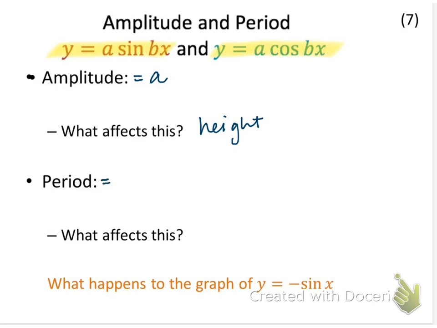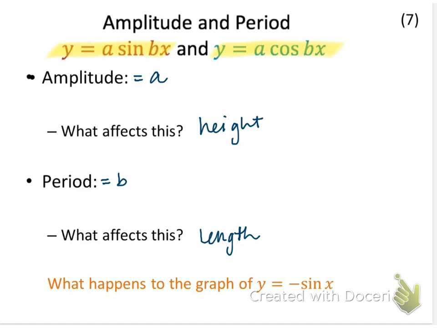The period is represented by our b value. So it's our b times our x within that trig function. And this is going to affect the length of the graph. So the amplitude affects the height, and the period affects the length of one wave.